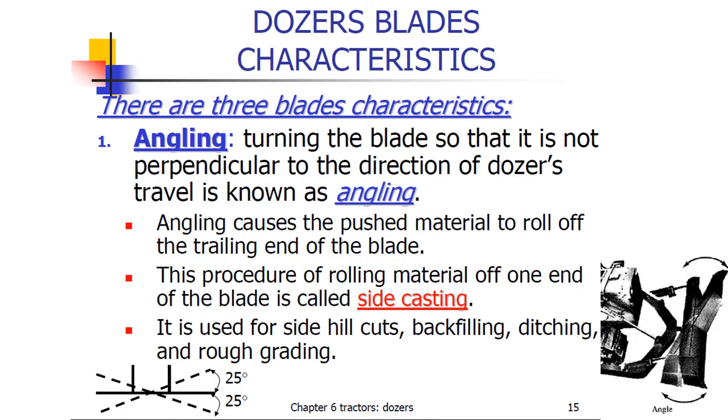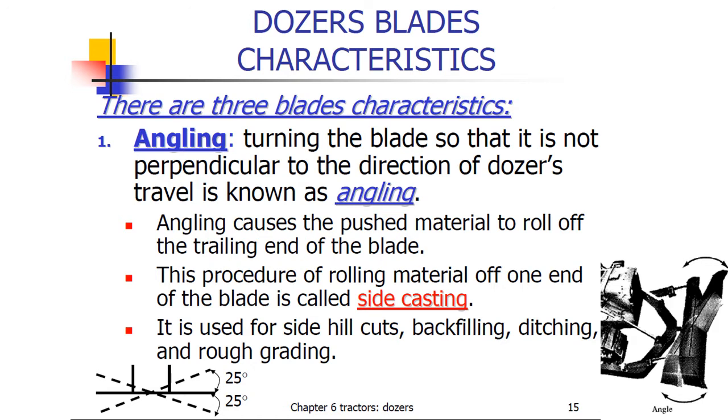However, because of the difference in usage, the dozer needs to operate in different modes. If we imagine it three-dimensionally, the blade should be able to rotate in three dimensions. The first type of rotation is what we call angling.